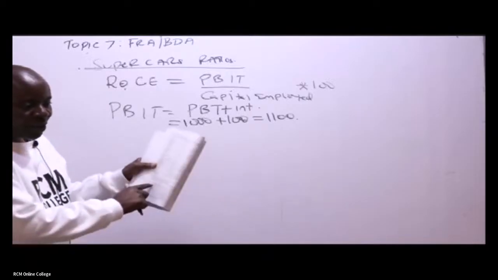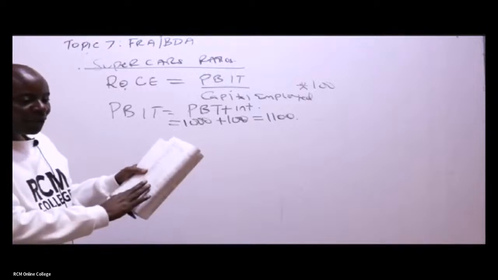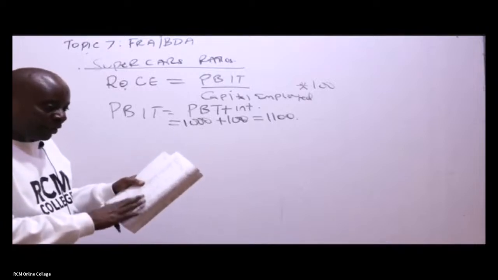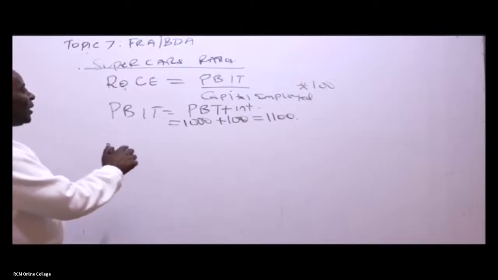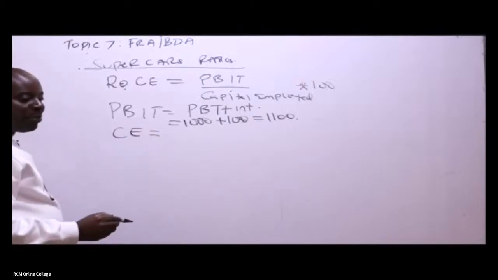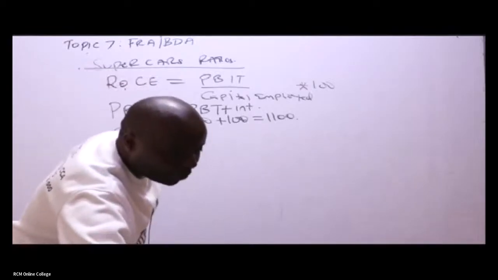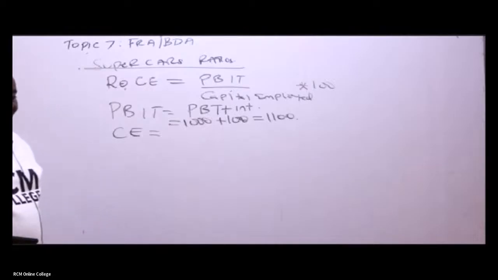You are able to see the industry ratios given there. They have calculated those ones for you. Now they want ROCE, so that is PBIT. How about capital employed? Let me see whether you'll be able to get the capital employed.